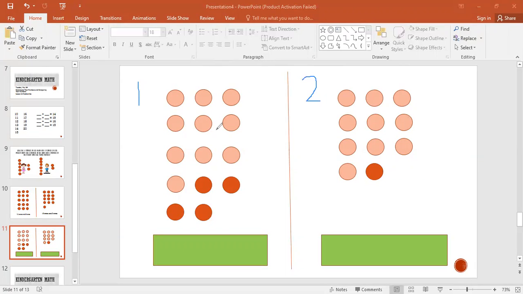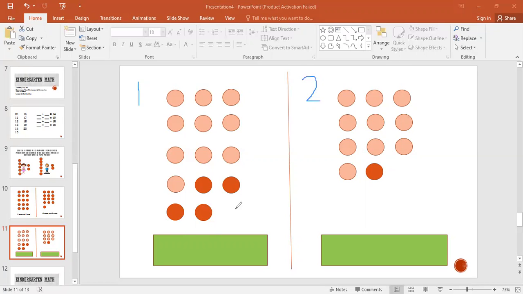All right, great job, guys. We're going to solve this problem together. So let's see if part 1 has more pennies or if part 2 has more pennies. I have in a different color my pink, which is all of my 10 ones. So my pink, I have 10 ones already shown. That means the orange color is the extra ones after.